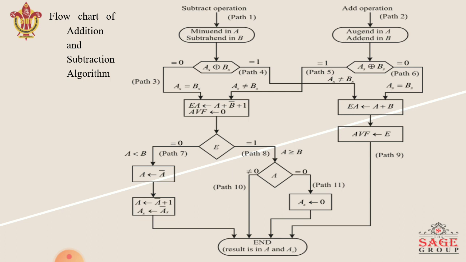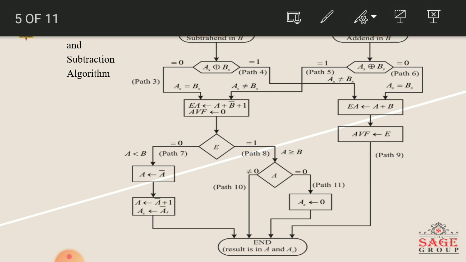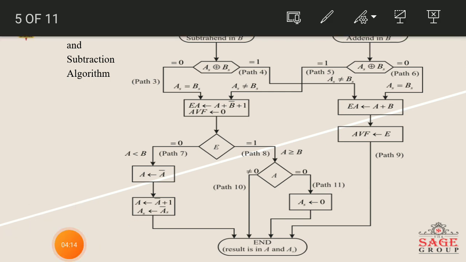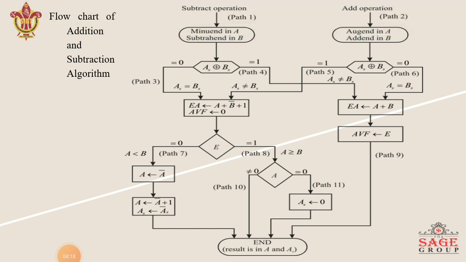After that, we compare the sign bits AS and BS. Here we XOR the two signs AS and BS.